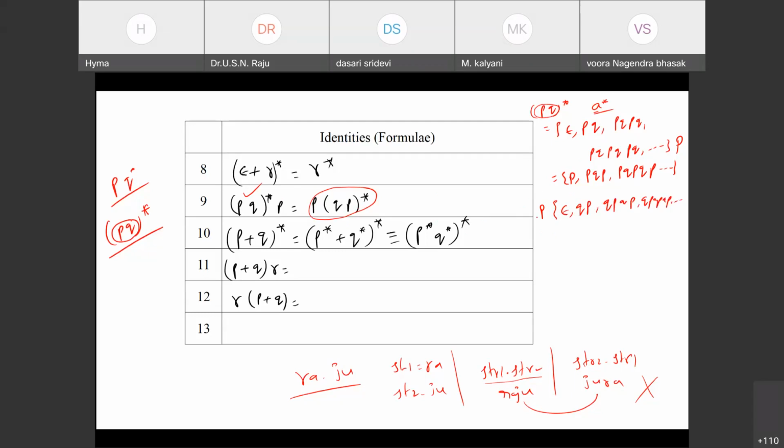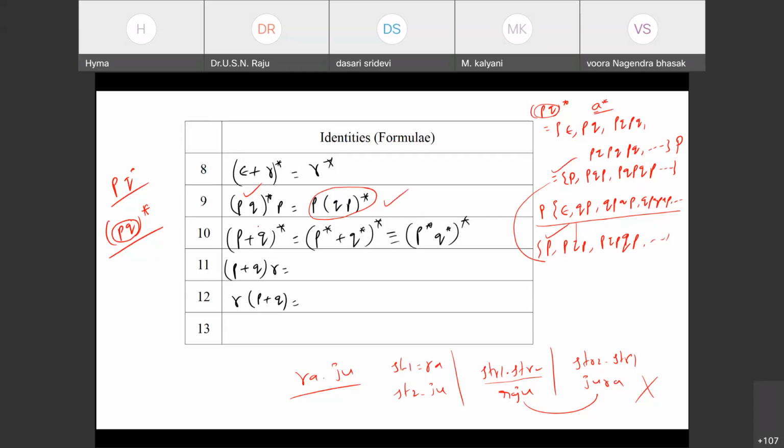Now you tell me the concatenation result of these two. What is the first string? P, PQP, PQPQP, and so on like this. Now you check it. Are they same or not? Yes, sir. As they are same, that's why this expression is correct.